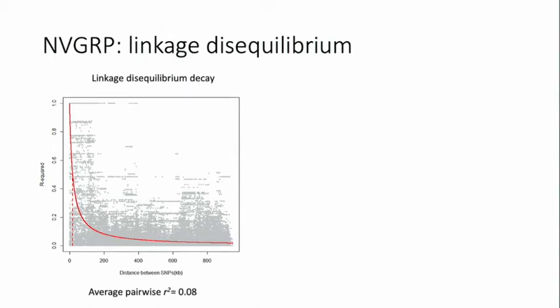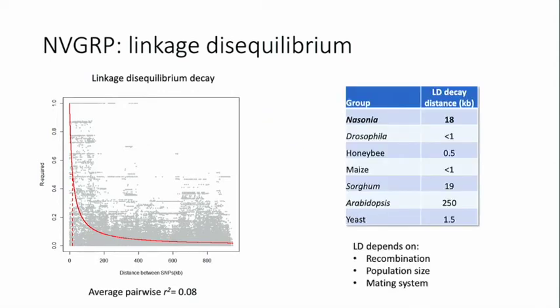You can see that the half decay distance of the linkage in this population is about 18 kb, and that's pretty large if you compare it to your favorite animal, Drosophila, which is very small, and of course it has a huge population size. The honeybee is even smaller, but honeybee has a very high recombination, which lowers this distance.